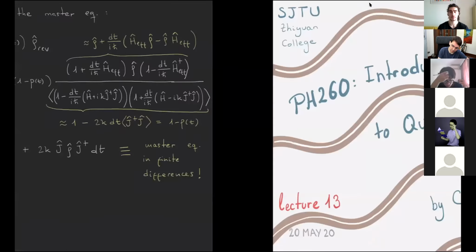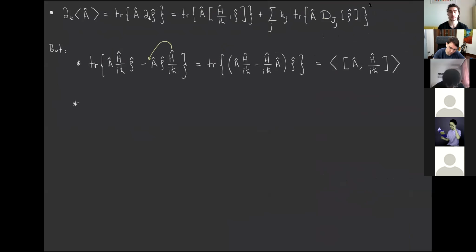So if I take this term, I am evaluating the trace of the operator A acting on J rho J dagger minus J dagger J rho. This is the first part of the dissipative pieces.